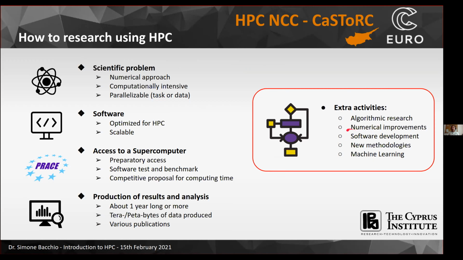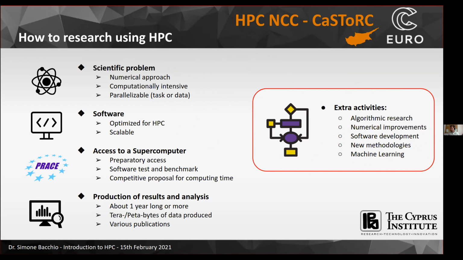You may consider numerical improvements, extra software development. Once you have access to the system, you can always look forward to develop more software. You can always have a look at the new papers coming out and what people are working on. And you may consider to use machine learning, which is a very hot topic recently, for improving your scientific program. And about this, Chris will talk next.